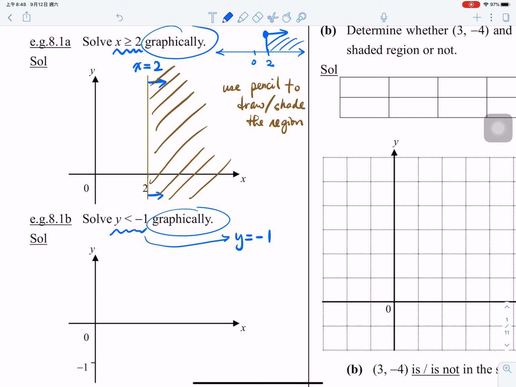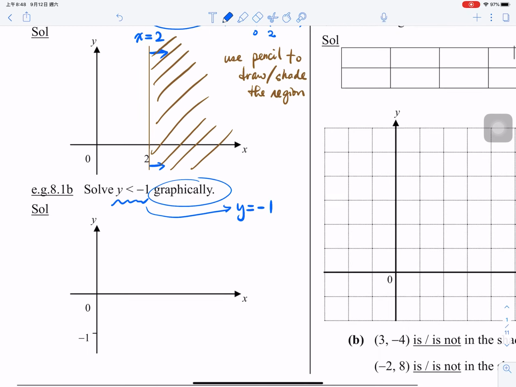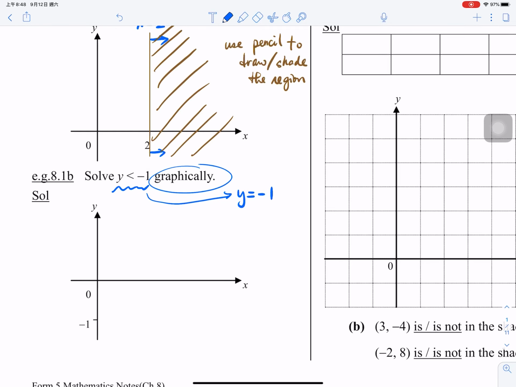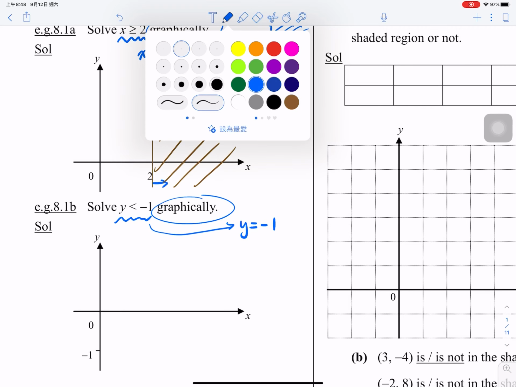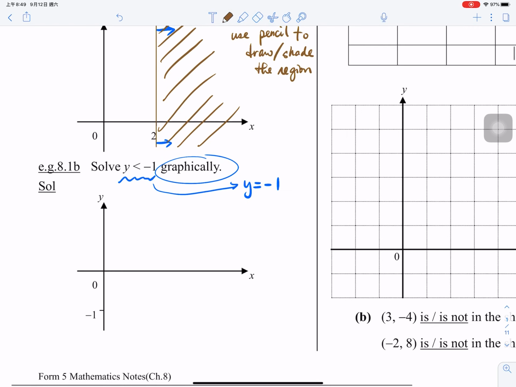Okay, what kind of straight line is y equals negative 1? Horizontal or vertical? Just now x equals 2 is vertical. How about y equals negative 1? Yeah, correct. It's horizontal, right?